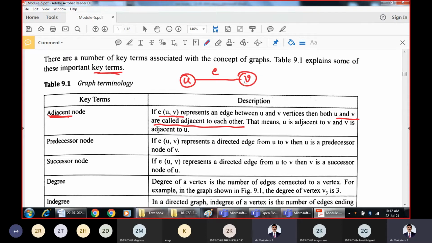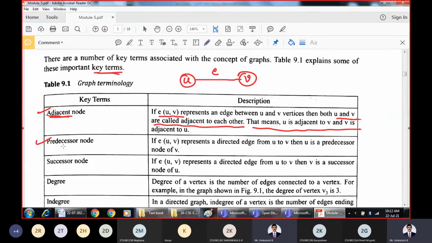That means if these two nodes are directly connected, U is adjacent to V and V is adjacent to U. If there is a direct edge from one node to another, they are treated as adjacent to each other. That is one terminology.